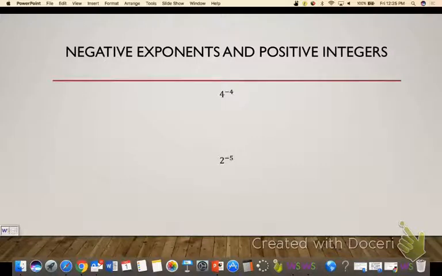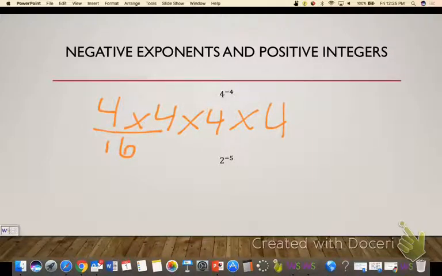Now, 4 to the negative fourth power is the same way that we have done the others. So 4 times 4 times 4 times 4. 4 times 4 is 16, and 16 times 4 is 64, and 64 times 4 is 256.